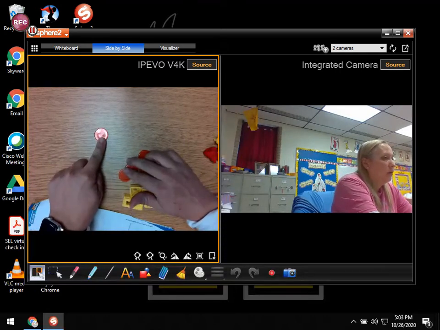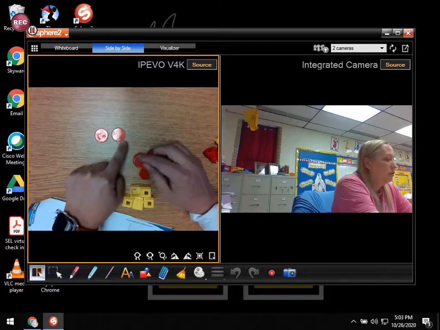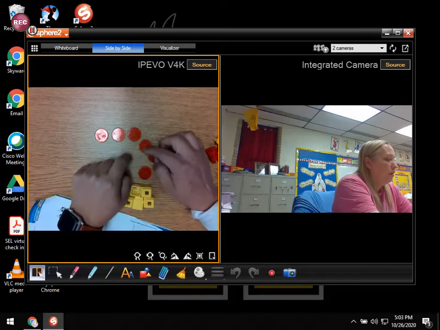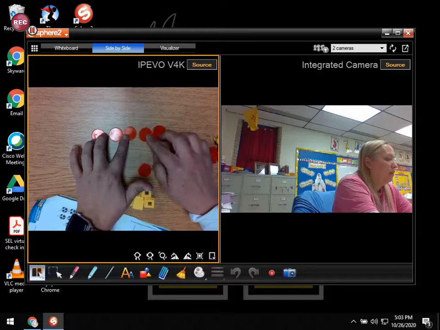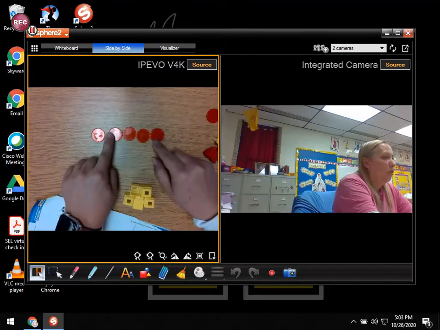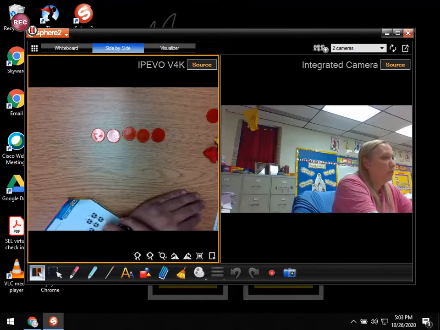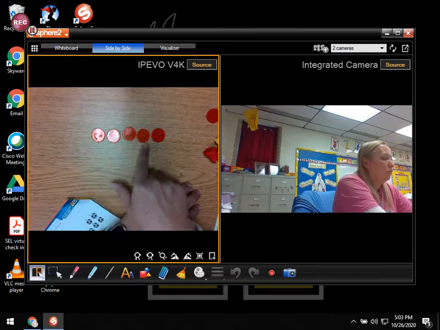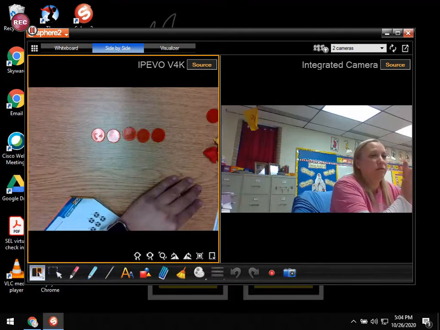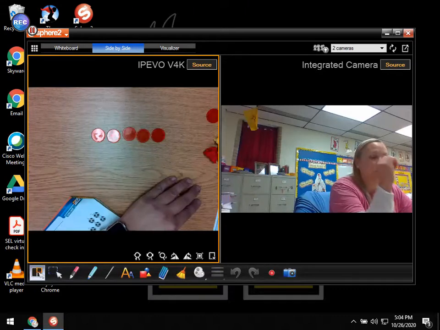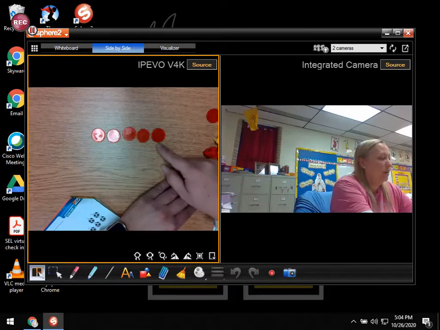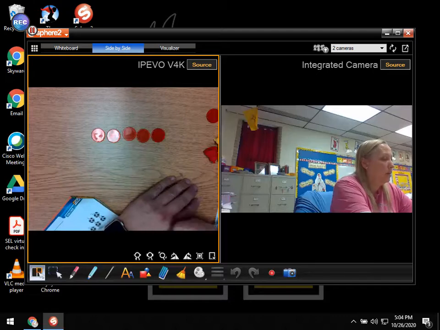I could have 1, 2, 3, 4, 5. I could have all reds, couldn't I, and no yellows, and that would be 5. 1, 2, 3, 4, 5. So I would say there's 5 reds, and how many yellows? 0. So 5 and 0 is this one, okay?